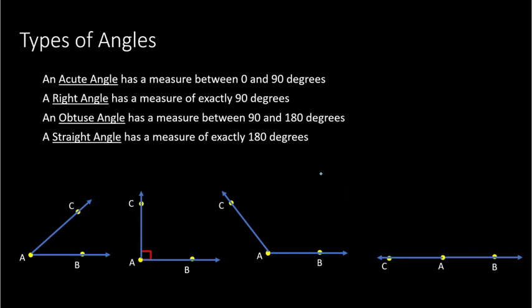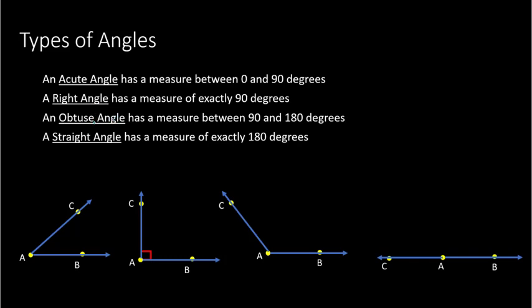Now, a very common way of remembering the different types of angles is for acute, it looks like the word cute, right? If something is cute, you think of something small, like a baby or a puppy, right? So an acute angle, you can think of a small angle, something small, looks kind of cute. All right, and then a right angle, I think most people tend to remember that pretty easily.